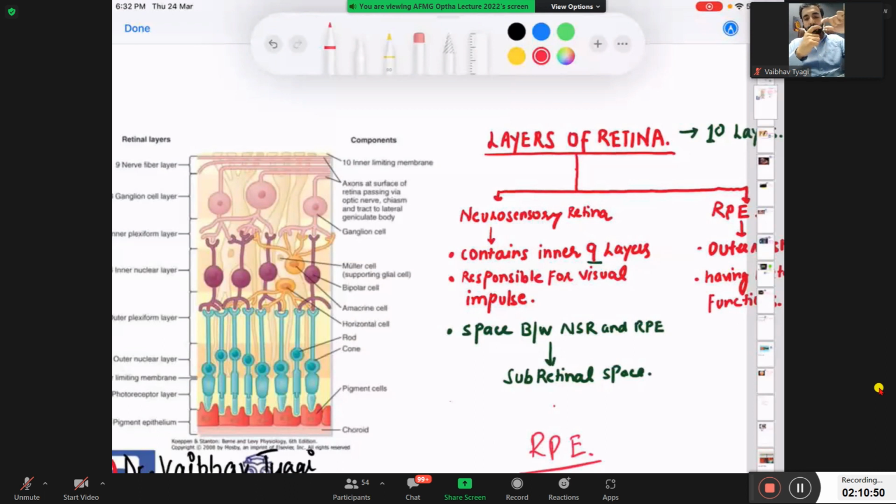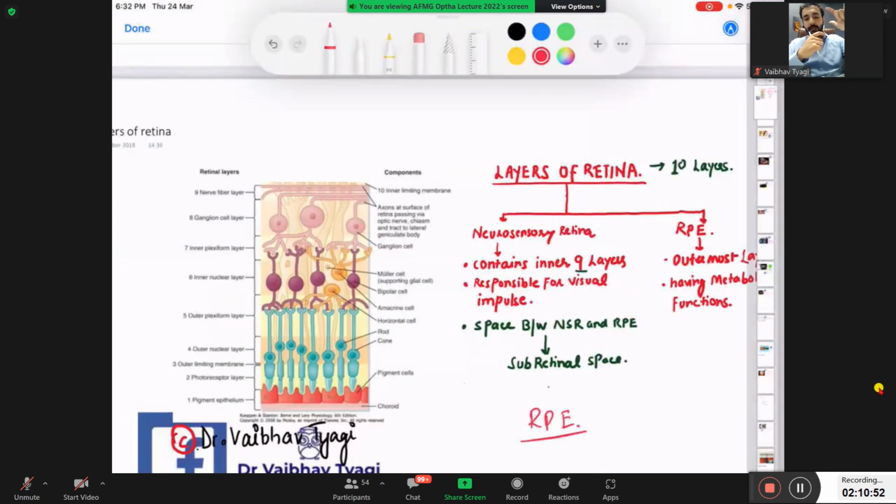Choroid. As I told you, the middle layer is choroid, right? So after choroid comes your retina. So retina is in direct contact with your choroid, right? So this RPE is in direct contact with the choroid. Beneath the RPE is choroid. This is RPE, this is your internal limiting membrane, and these are the other layers of the retina.